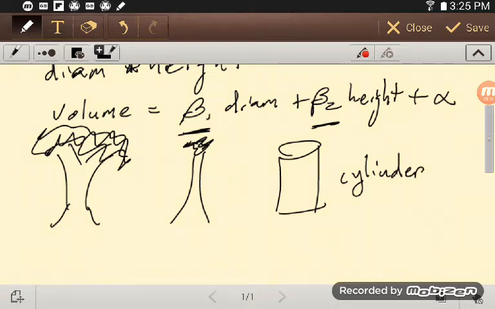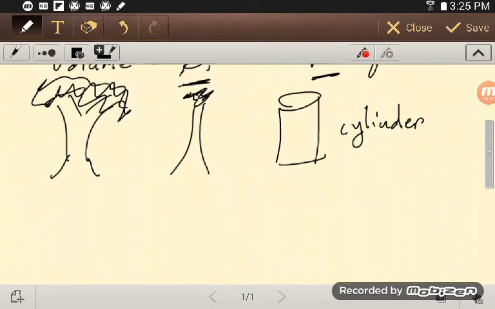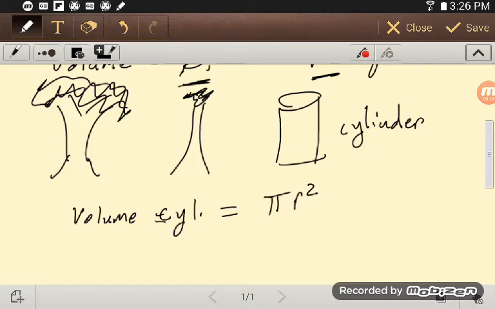And so I might guess, actually, given that the volume of a cylinder, I'll put cylinder here, is equal to pi r squared, that's the surface area of the top or bottom, times the height, h.